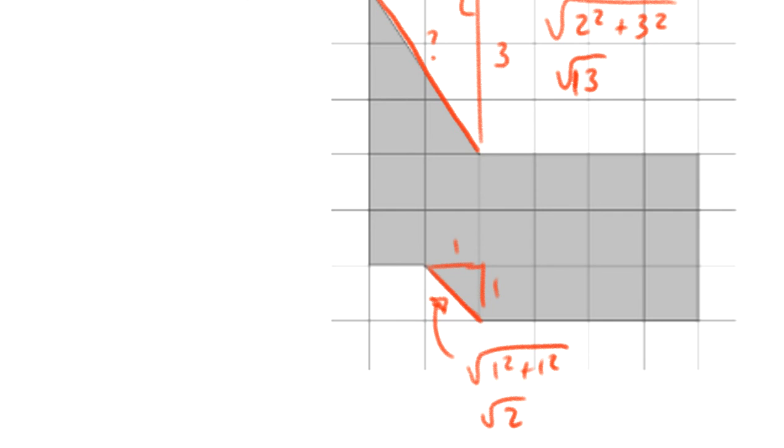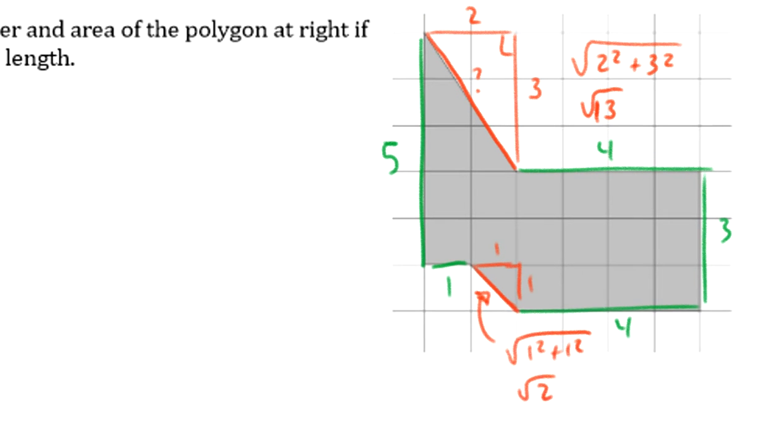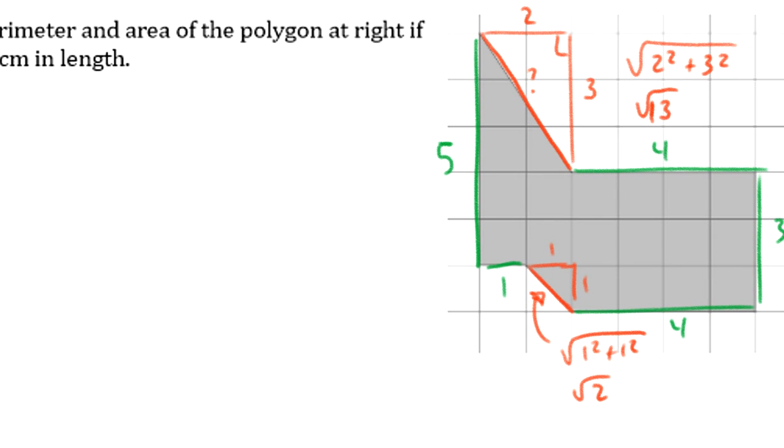So if I look at the remaining parts, right, this thing right here has a length of 1, 2, 3, 4, 5. This has a length of 1. This has a length of 1, 2, 3, 4. Here we have a length of 3, and then this has a length of 1, 2, 3, 4. So my perimeter ends up being, if I write these down, 5 plus 4 plus 3 plus another 4 plus a 1.